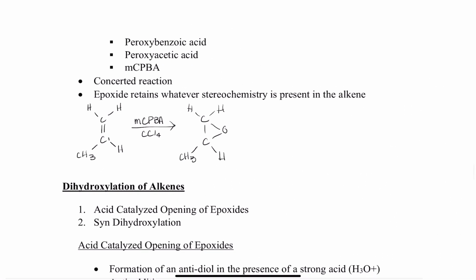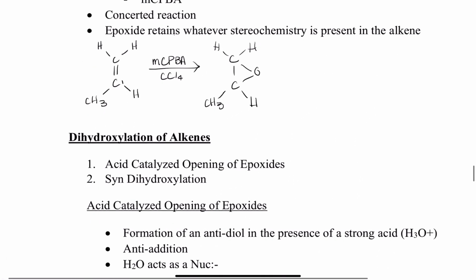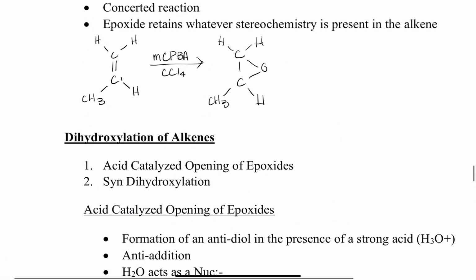Now we're going to go over dihydroxylation of alkenes. This is going to be the addition of two OH groups. We call these glycols. Di to hydroxy, OH, two OH groups.